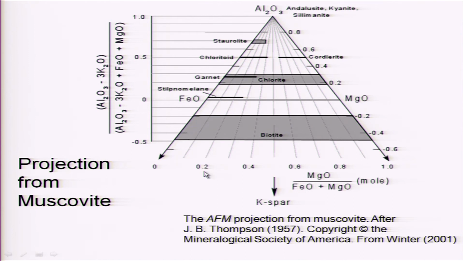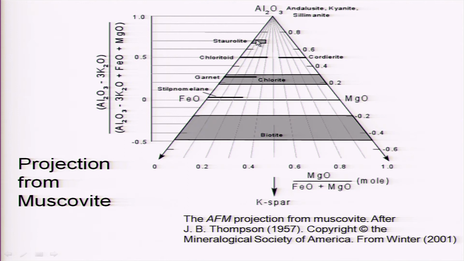For example, for this 0.2 line, FeO by FeO plus MgO is 0.2 here, 0.2 here and 0.2 here. Everywhere this value will be similar. So, these are equal FeO MgO ratio lines and these are alumina index lines. Their intersection for a particular mineral gives us a plotting position.